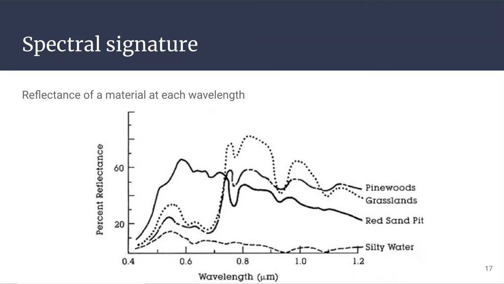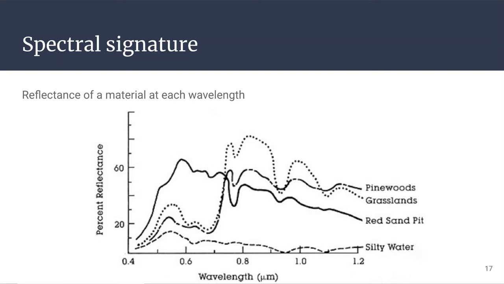Remember, wavelength is related to the different parts of the spectrum, different types of light like visible light, infrared. So what we're looking at here is basically the visible part of the spectrum starting at about 0.4 micrometers, moving up into the lower energy part of the spectrum with those longer wavelength, lower energy waves. So if we look at something like silty water, this is the line that basically is at the bottom here. Silty water isn't a very good reflector in general.